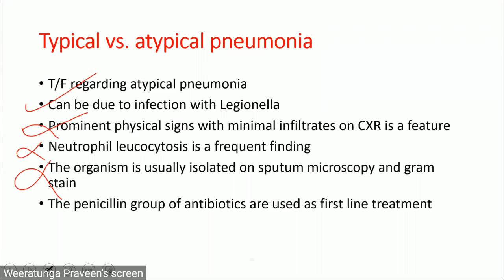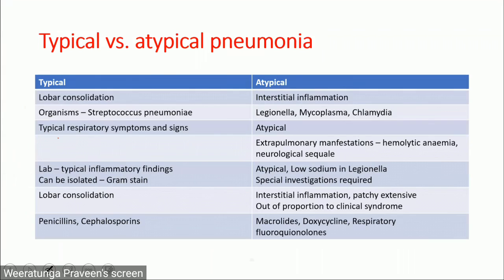In atypical pneumonias, you get extrapulmonary manifestations. One of the commonest is a hemolytic anemia, a cold autoimmune hemolytic anemia that you get in mycoplasma infection. Also, with Legionella, you get a very prominent hyponatremia.